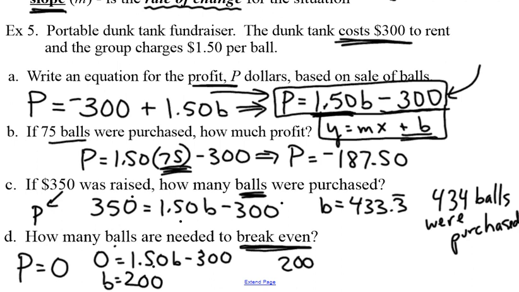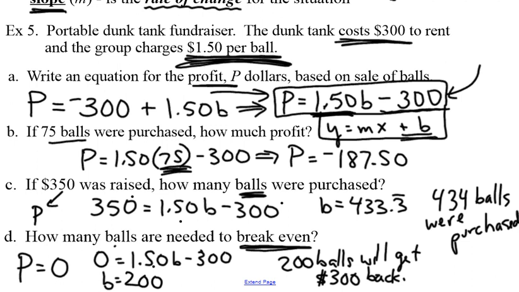So 200 balls will get the $300 back and break even. So understand though, it's a linear relation because of the constant rate of change, a constant slope with a starting point of negative 300.